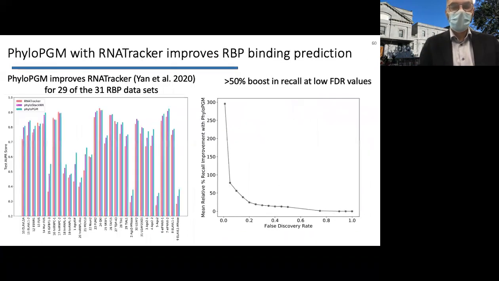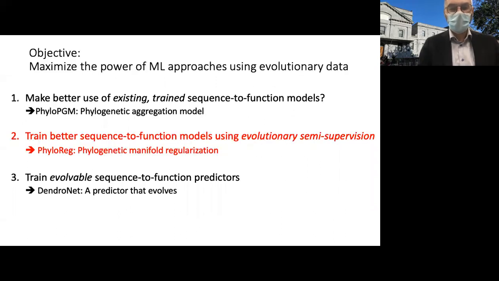Okay. Now, the other approach that I will talk a little bit more about, and which is more related to the picture that I was painting earlier, is this idea of using evolution as a way to regularize training in machine learning.